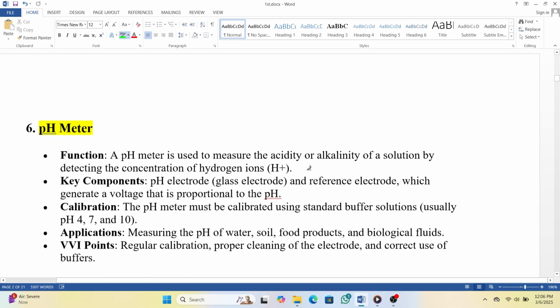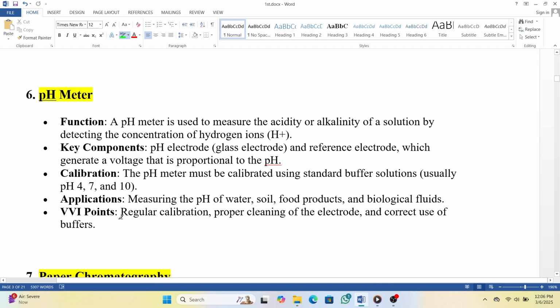6. pH meter. Function: a pH meter is used to measure the acidity or alkalinity of a solution by detecting the concentration of hydrogen ions, H+. Key components: pH electrode, glass electrode, and reference electrode, which generate a voltage that is proportional to the pH.